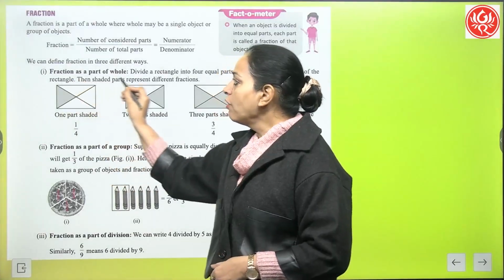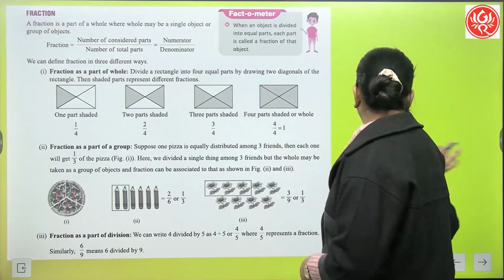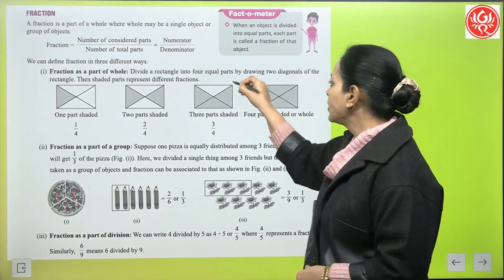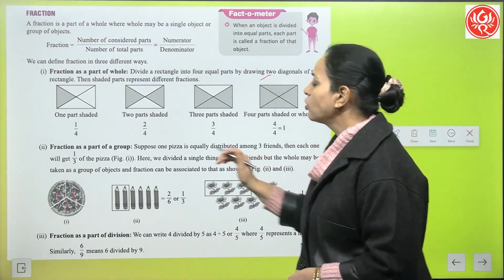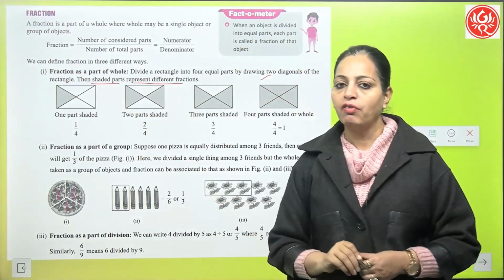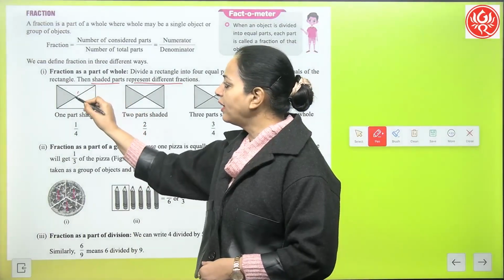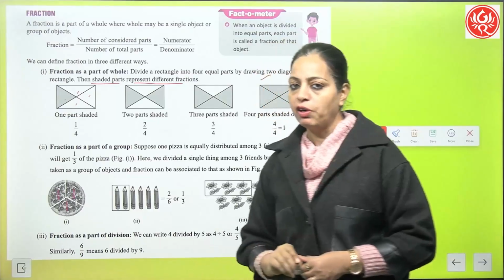The first one, fraction as a part of whole. Divide a rectangle into 4 equal parts by drawing 2 diagonals of the rectangle. Then shaded parts represent different fractions. Now what have we done? We took a rectangle and then we are taking 4 equal parts.